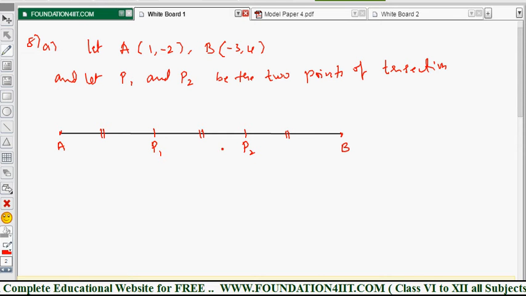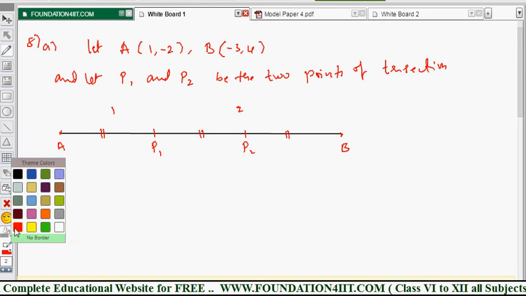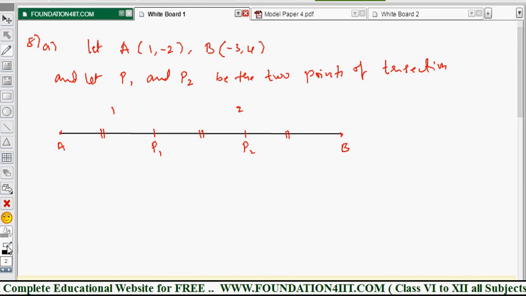Then for the ratio, for example, if I want to find the P1 value first, A to P1 is 1 part and P1 to B is 2 parts.